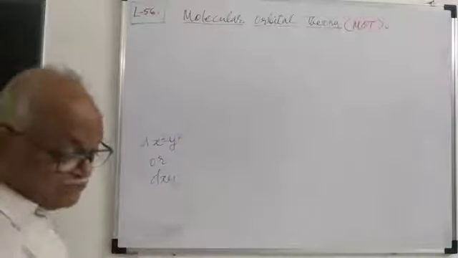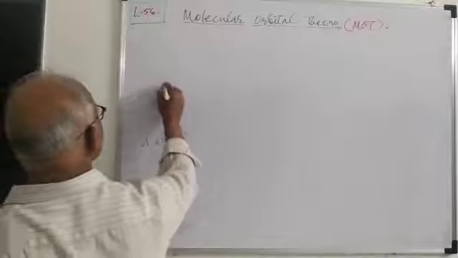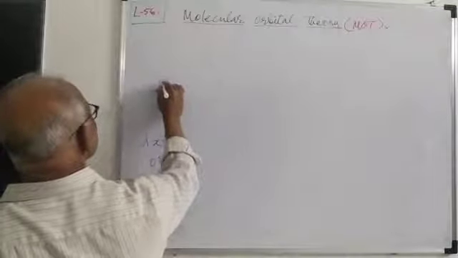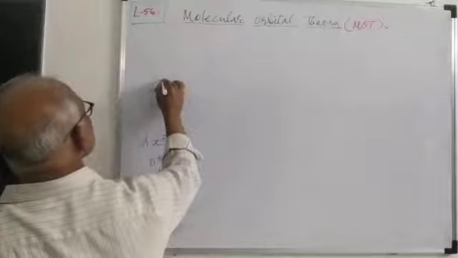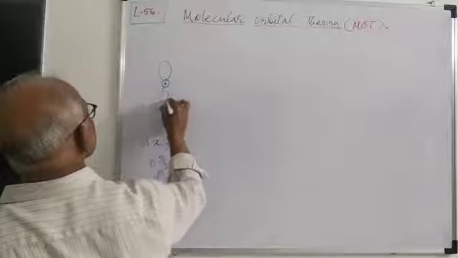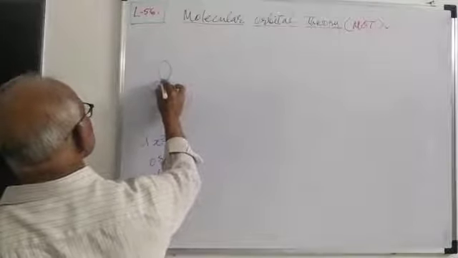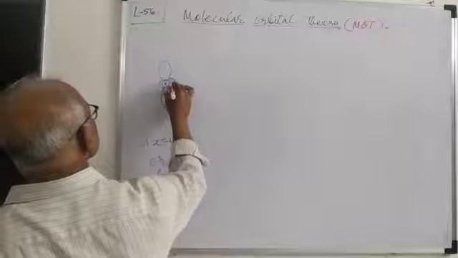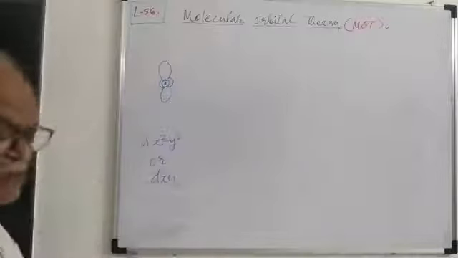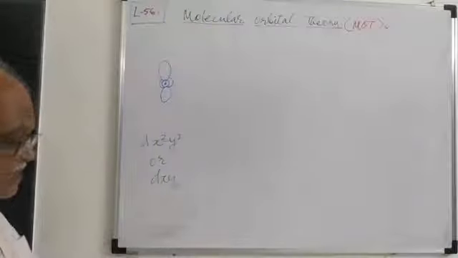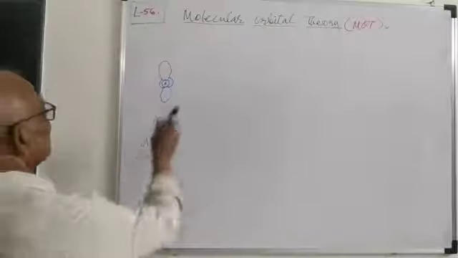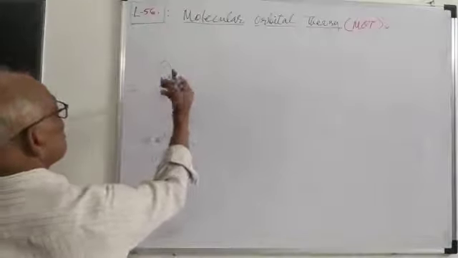Now we can show these orbitals in this way. Like this. So we can view these orbitals like this. You can show, or you can see this.